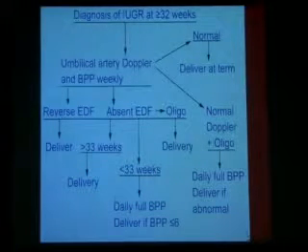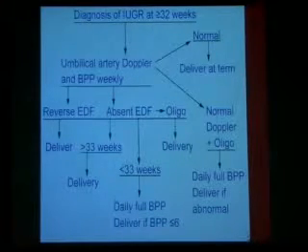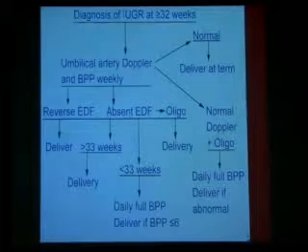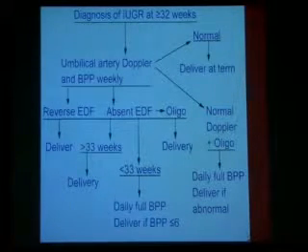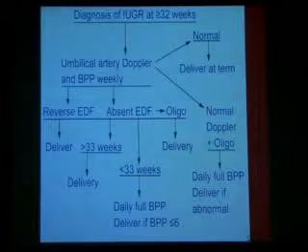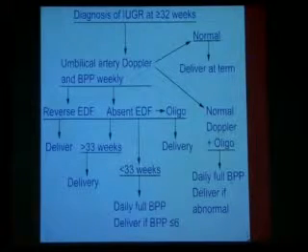So once you make the diagnosis of IGR, and again, you need to understand how you make that diagnosis, this is one scheme of following up babies with IGR. You do umbilical artery Doppler. If it's normal, you follow up on it, and you can deliver at term. If there's a normal Doppler and oligohydramnios, not enough fluid, we should do a daily full biophysical profile and when we deliver.